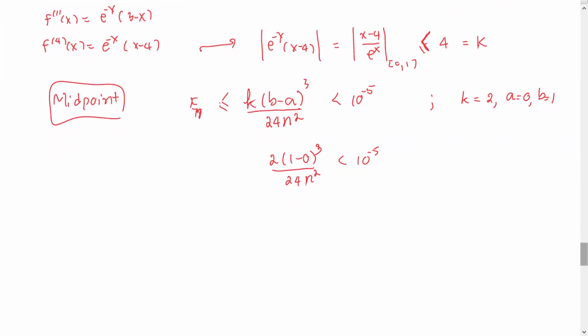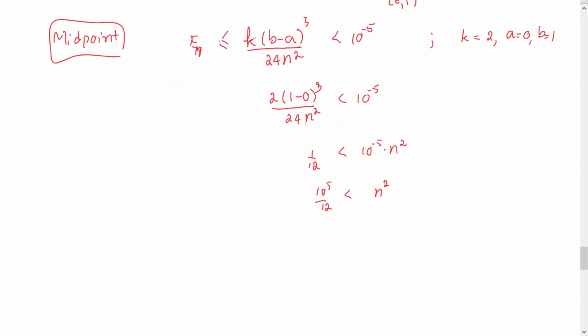To solve it, rearrange the terms. So we have 2 over 24 multiplied by 1, which is 1 over 12, less than 10 to the negative fifth times n squared. Then solve for n: leave n squared on the right-hand side and multiply both sides by 10 to the fifth to have 10 to the fifth divided by 12.